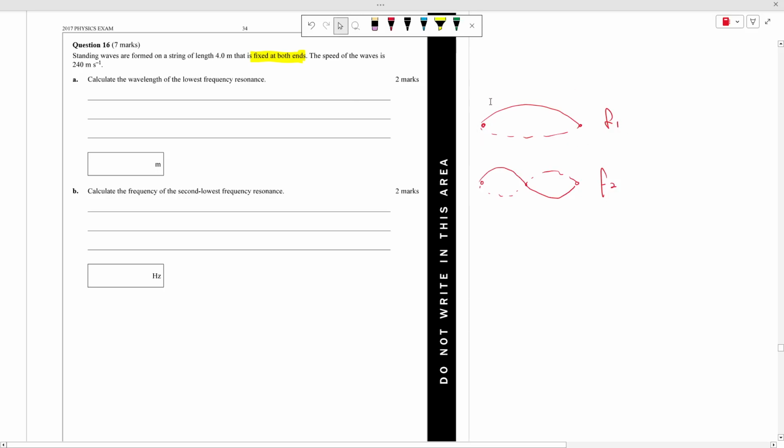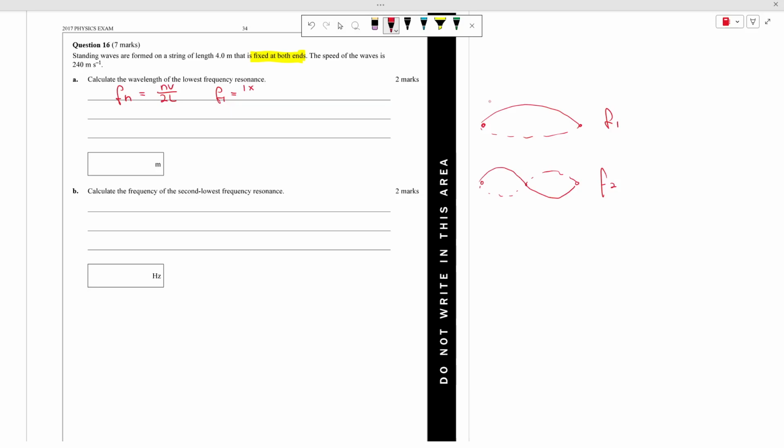Okay. Now, if the string is fixed at both ends, then we have the following formula for frequency. Fn is nv over 2L. So f1 would be 1 times v.